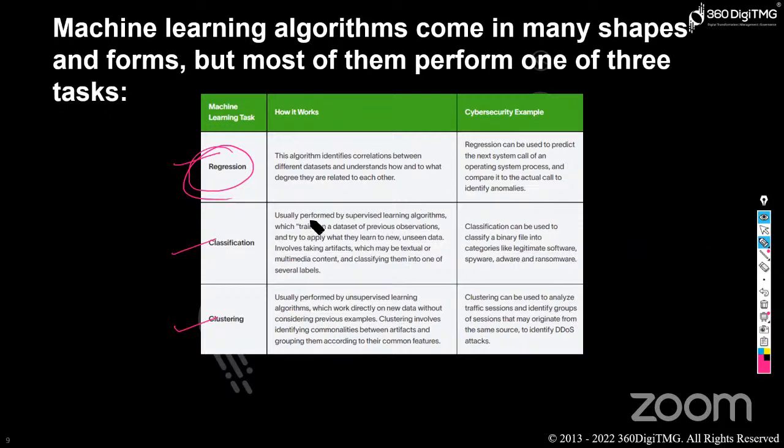Classification is usually performed by supervised learning algorithms. It trains on data of previous observations, right? And tries to apply what it learned to new and unseen data. It involves taking artifacts, which may be textual or multimedia content, and classifying them into one of several labels.